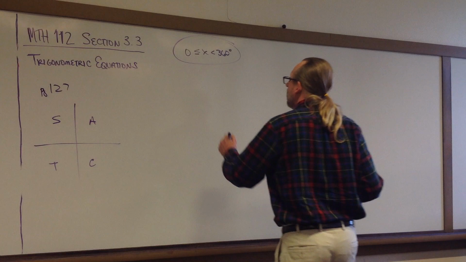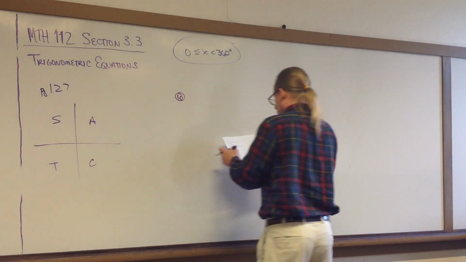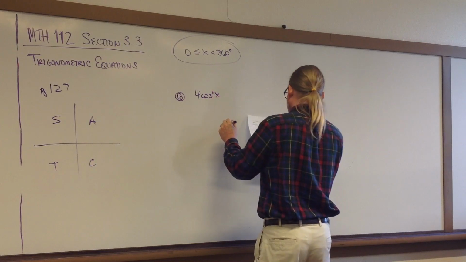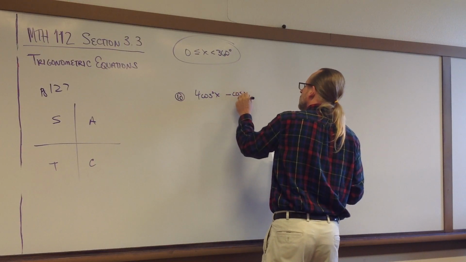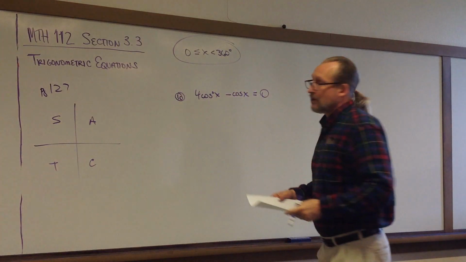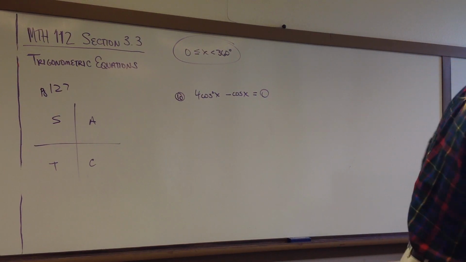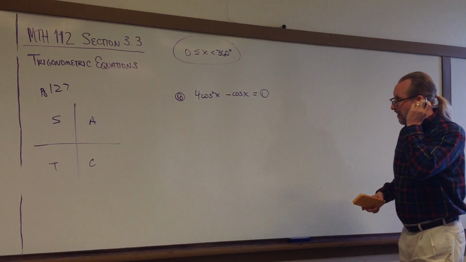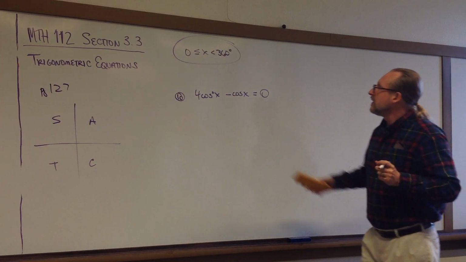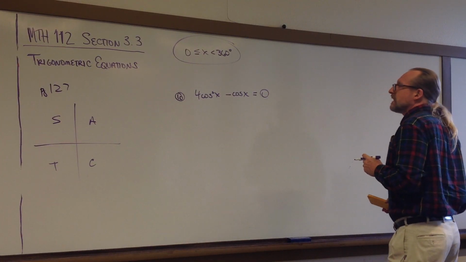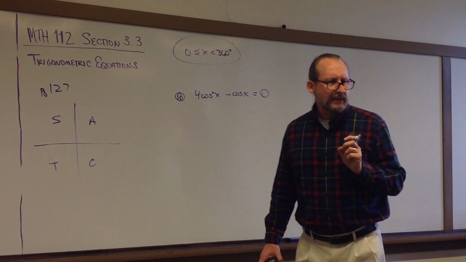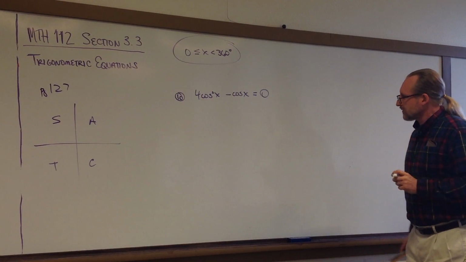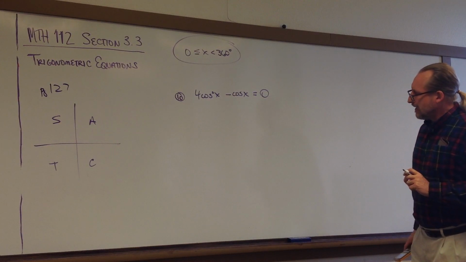Problem 10. So, 4 cosine squared x minus cosine x equals 0. Okay, well, we should all have the quadratic equation programmed into our calculator. If we haven't done that yet, let me know, and I will try to help you out with that.